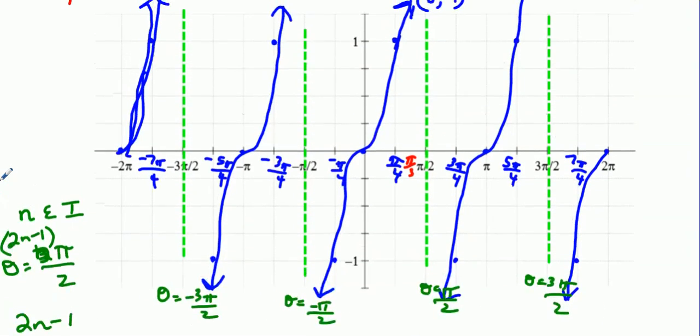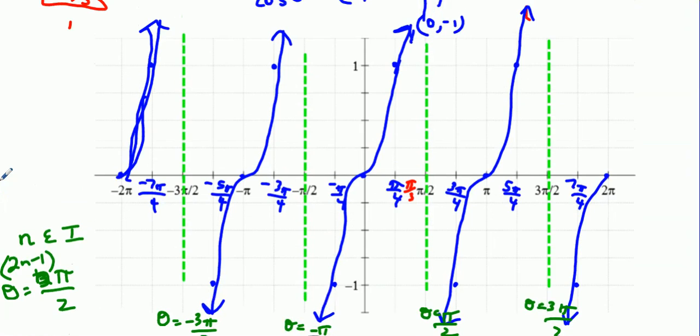Okay, and let's see, talking about what I expect on the graph, I would expect that you're going to label 3 points. So negative pi and 0, negative 3 pi by 4 and 1, and negative 5 pi by 4 and negative 1.